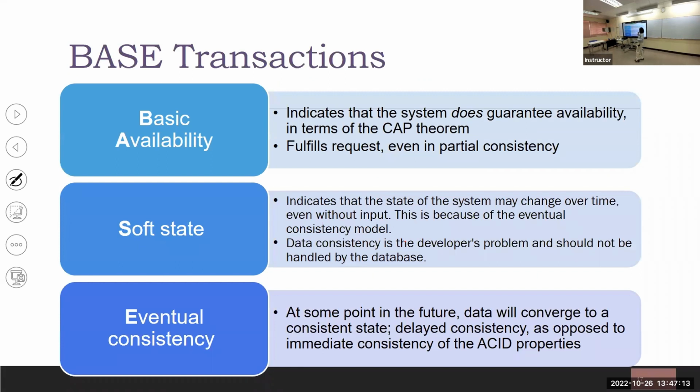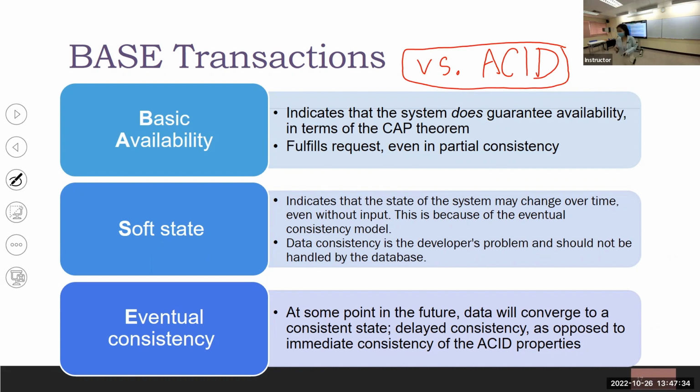And this BASE is not very theoretical, but I think they introduced this for NoSQL in order to contradict the very strong ACID model of relational databases. With relational databases, transactions follow strictly the ACID model, right?